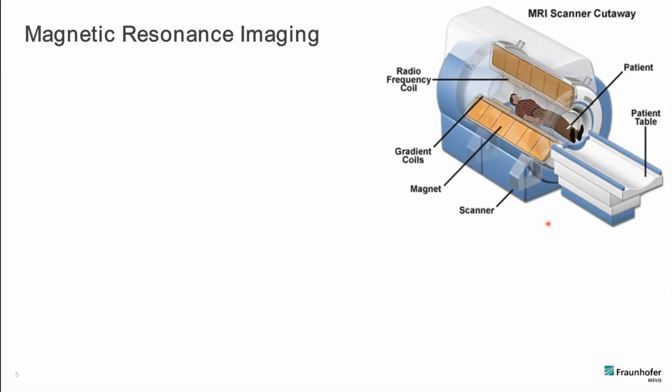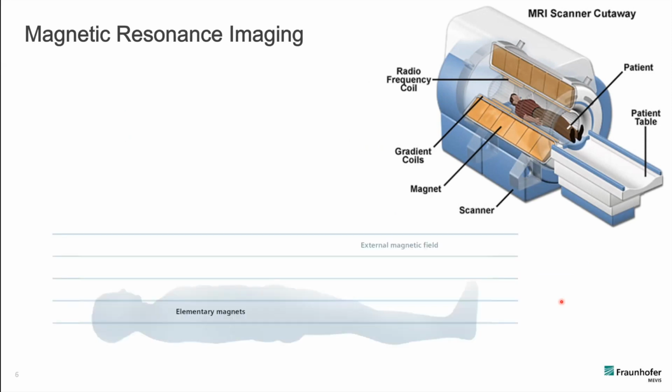As I said, you all know what MRI is about, how magnetic resonance imaging works. When I put a body into the magnetic field, there will be a macroscopic magnetization forming. Then we can communicate with this macroscopic magnetization by transmitting a radio frequency field, which is on the order of 42 megahertz per Tesla.